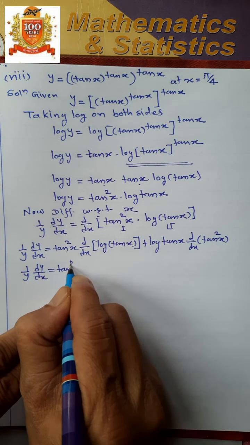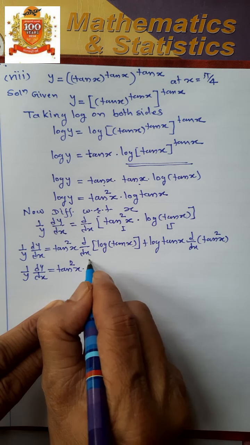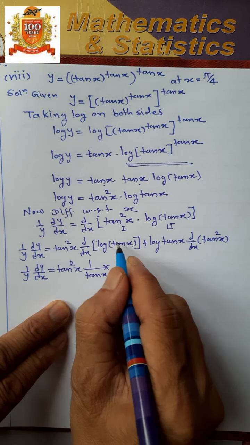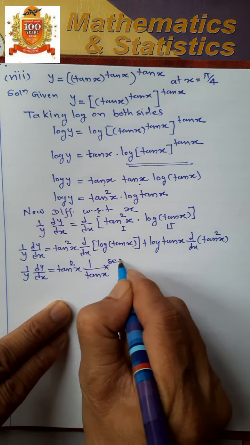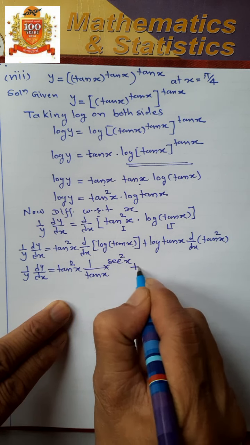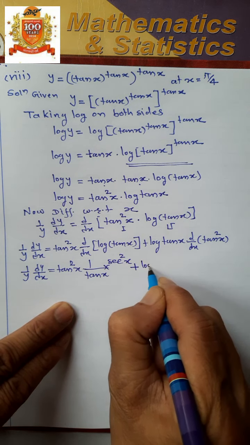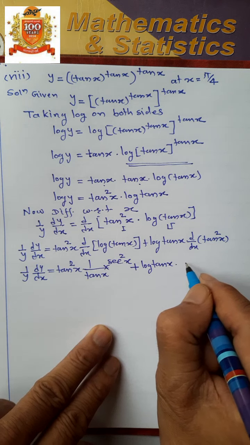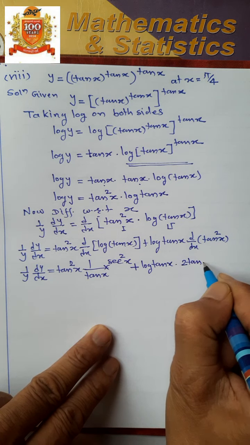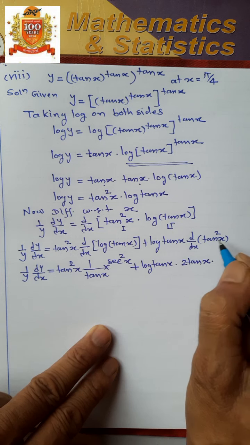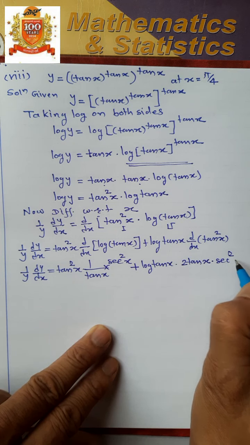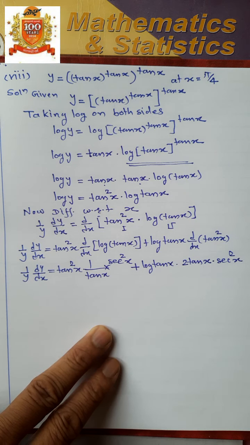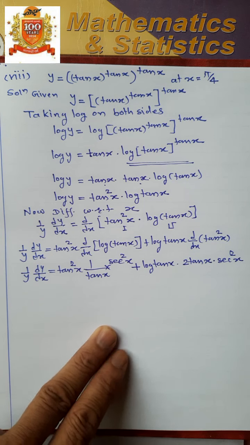This is tan square x as it is equal to 1 upon tan x into derivative of tan x is sec square x plus log of tan x constant into derivative of tan square x is 2 tan x into derivative of tan x is sec square x. Isn't it?